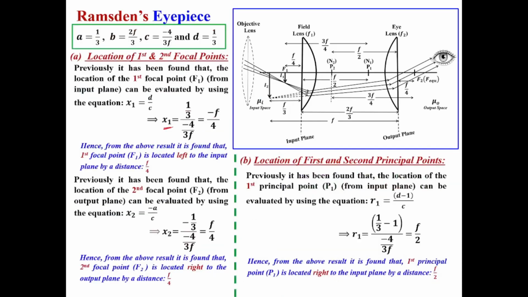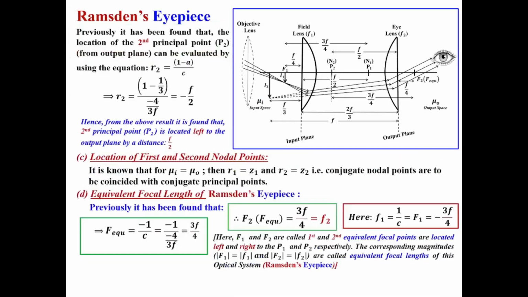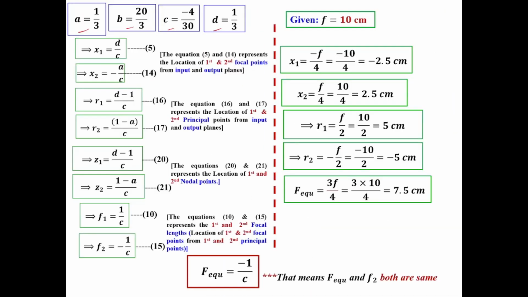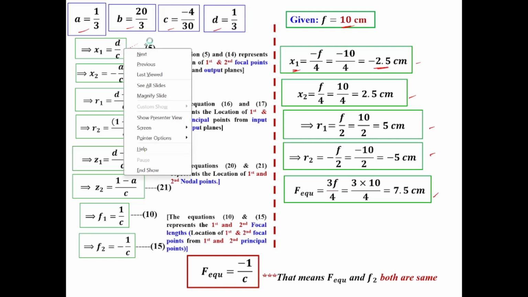Here x1 is minus f by 4, x2 is f by 4, r1 is equal to f by 2, r2 is minus f by 2, and f equivalent is 3f by 4. Same thing I have written over here. So if I consider x1 as minus f by 4, given that f is 10, it is minus 10 by 4, that is minus 2.5. The same result we can get by considering equation number 5.